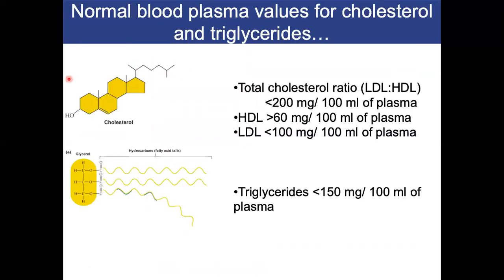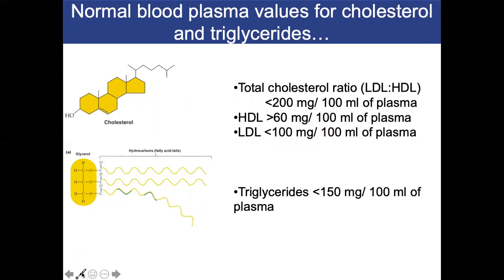I want you to know normal values, right? Total cholesterol should be less than 200 milligrams per 100 milliliters of plasma, or deciliter. HDL is the good cholesterol. You want it higher than 60 milligrams per deciliter of plasma. LDL should be less than 100 milligrams per 100 milliliters of plasma.